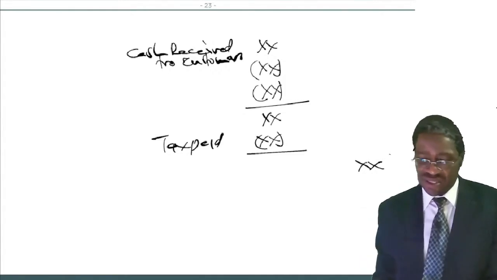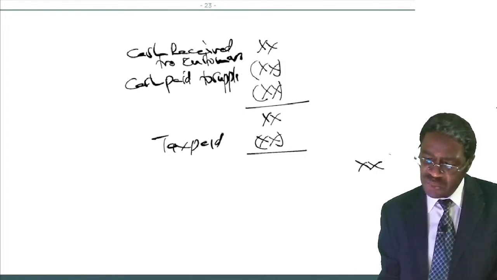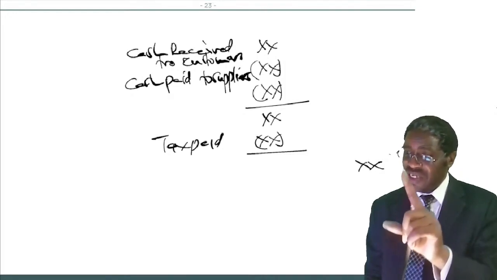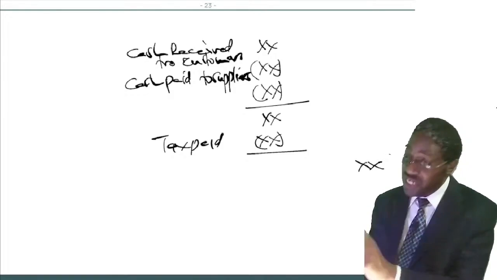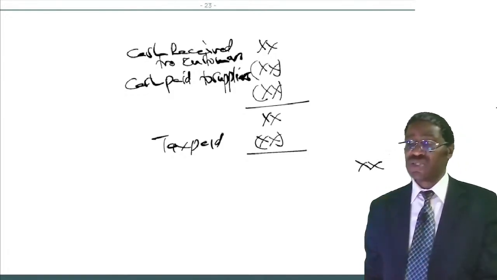Okay. Next, you also need a figure called cash paid to suppliers. Again, I am not saying cash paid to creditors. We are saying cash paid to suppliers.